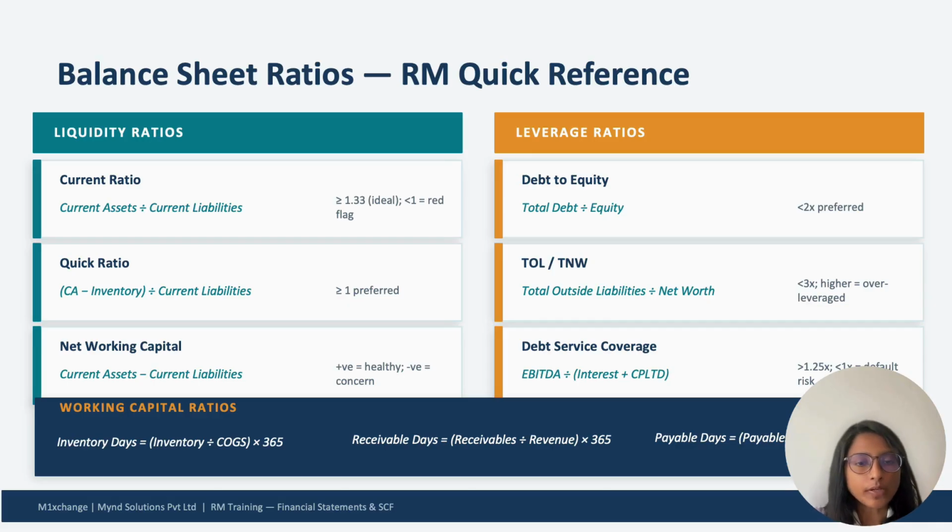The next is my working capital ratios. So working capital ratios, as in to find out what are my inventory days, my receivable days and payable days, and finally to understand what is the working capital cycle of the company. Okay, so how do I calculate inventory days? Which is your inventory divided by cost of goods sold into 365.